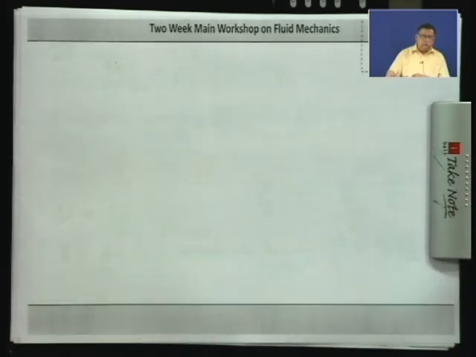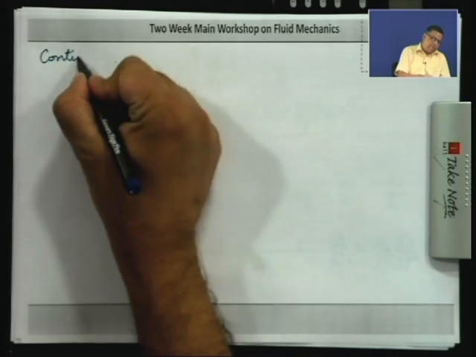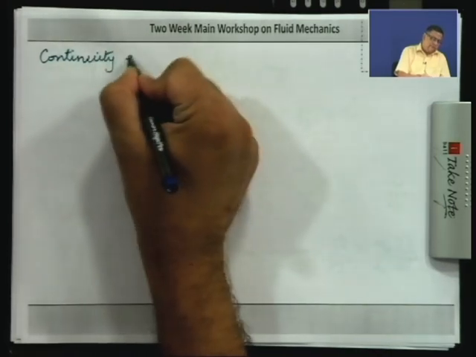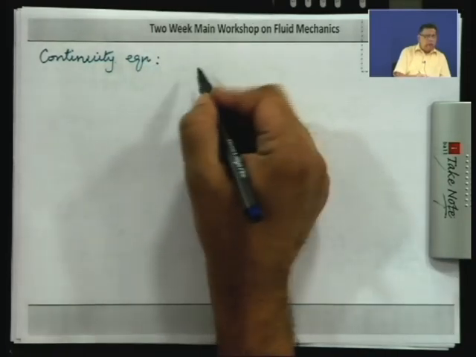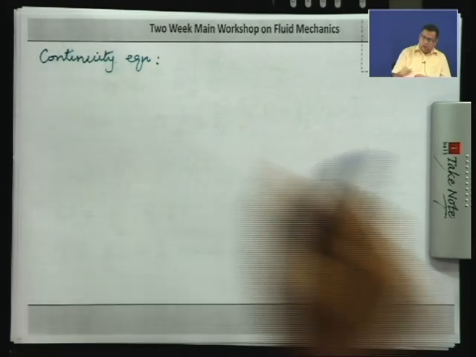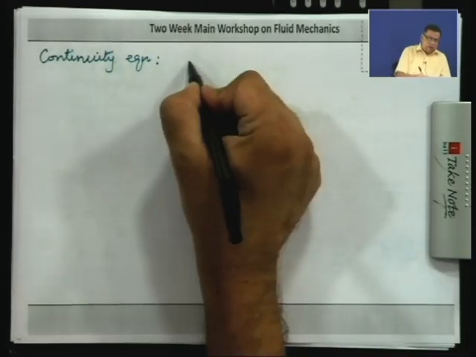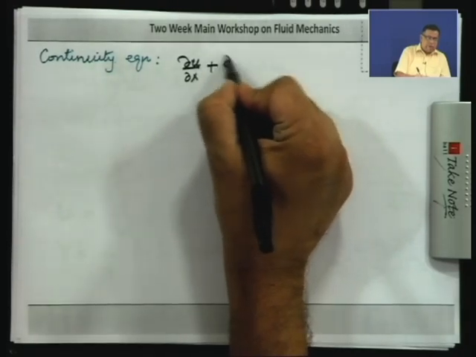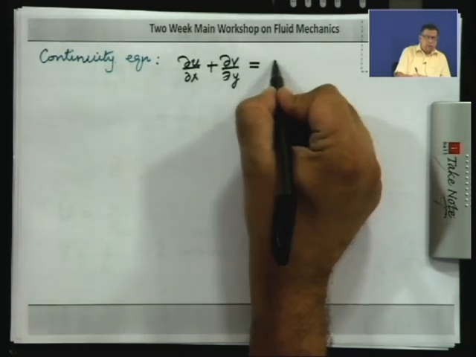So, first of all we look at the continuity equation. For incompressible 2D flows you are going to have del u del x plus del v del y equal to 0.